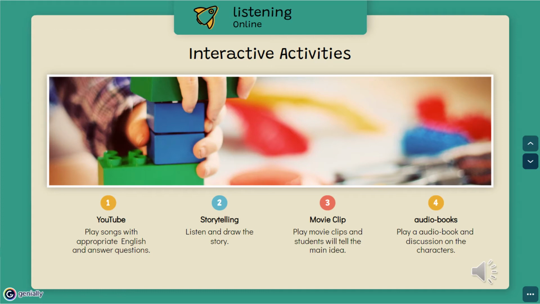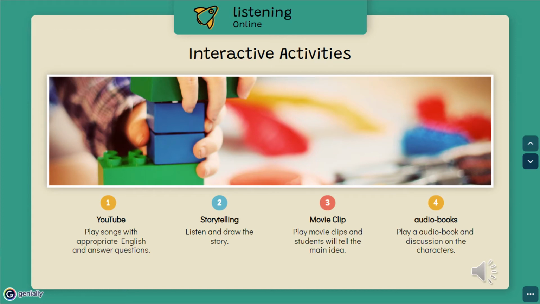Next one, movie clip. Play movie clips and students will tell the main idea. That's how you identify if the students' listening skills are appropriate for the English level in the movie clip.